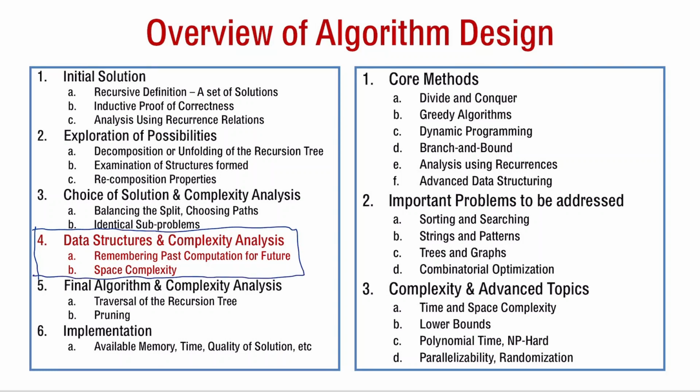And we have seen several examples where these data structures are typically designed to ensure that the past computation is remembered in an effective and efficient manner so that it can be reused in the future to reduce our computational complexity. It typically comes with an additional space overhead, and because it comes with a space overhead, it also helps in reducing the time in most of the cases.